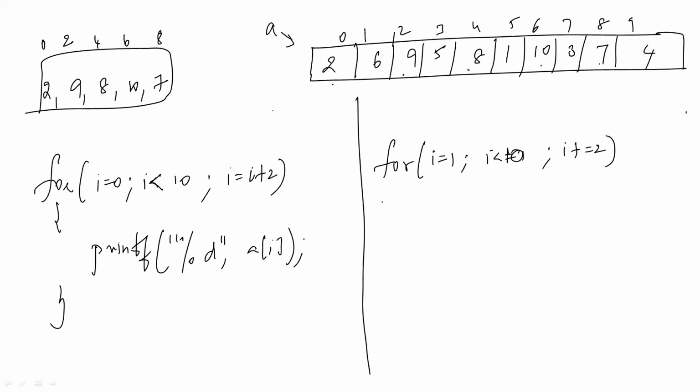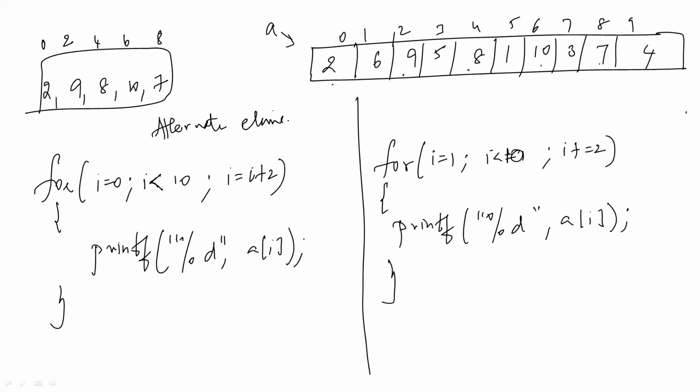Both of them are the same. So this is alternate elements printing. This is starting from index 0. This is starting from index 1. Whatever it may be.